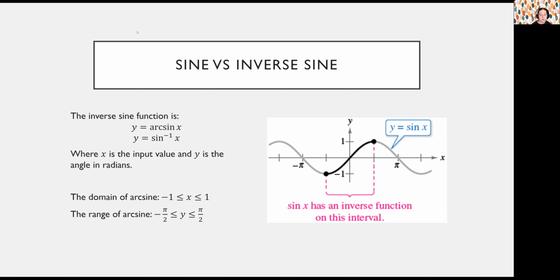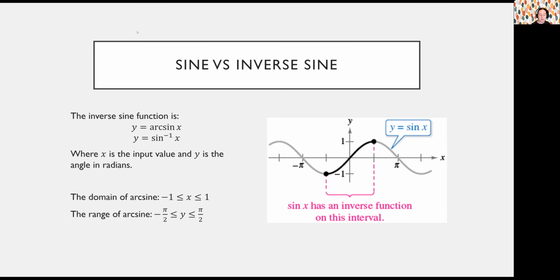So what we do is we restrict the domain so that the domain of sine is between -π/2 and π/2, because then it does pass the horizontal line test. Because that's the domain, the inverse, that is the range. So the range of arc sine, where values for outputs are, is from -π/2 to π/2. And then the y values of sine are the inputs to arc sine. So that goes from -1 to 1.